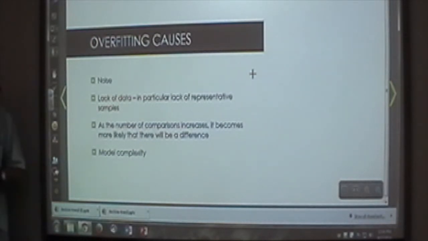And there's a problem when, basically again, as you increase the number of comparisons, it becomes more likely that you will see something. You'll see a difference. So that's called the... can't remember.